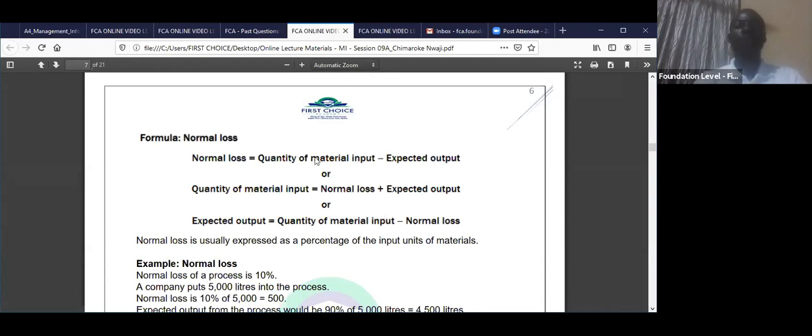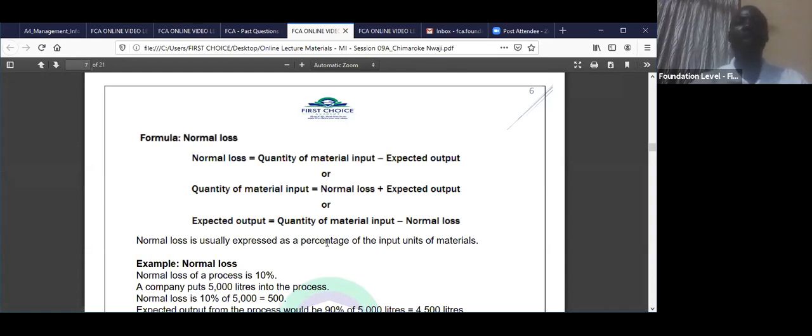Now, if you want to make quantity of input the subject of the formula, it means normal loss plus your expected output. In these three formulas, they have made each of these elements the subject of the formula, just in case you need to work with any of them. Normal loss is sometimes expressed as a percentage of the input units of the material.